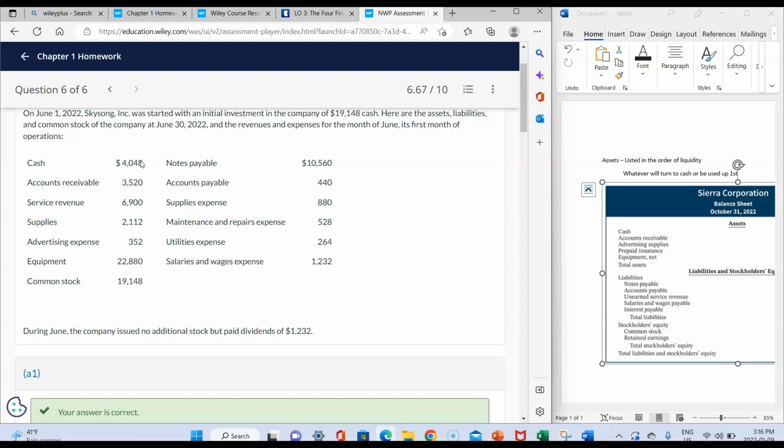Now, the next thing that's usually listed is accounts receivable, because that's almost as good as cash. So accounts receivable is another asset. It's almost as good as cash because our customers owe us that money. They'll soon come in and trade accounts receivable for cash, give us cash in exchange for their accounts receivable. It's what they owe us.